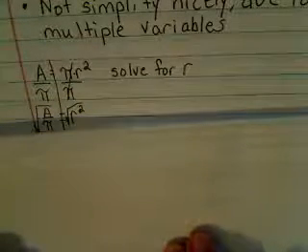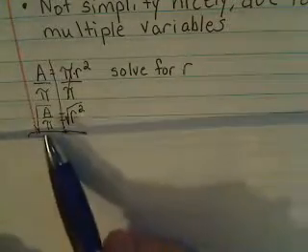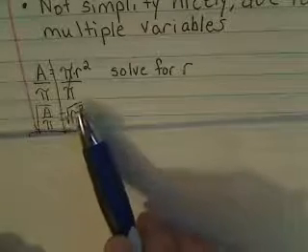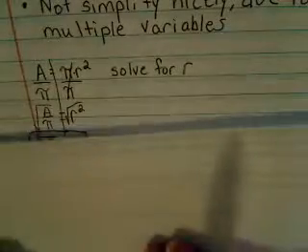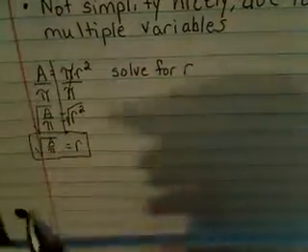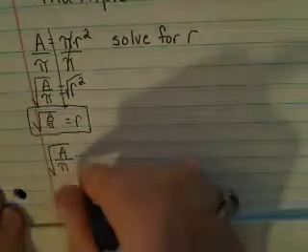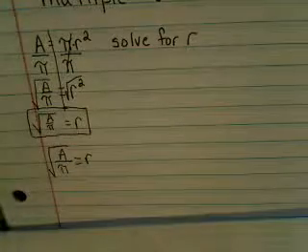Then we just have r squared equals a over pi. We want to do the inverse of squaring, so we're going to do the square root. If you do the square root of this side, you have to do the square root of that side. And that gives your final answer as, let me write it down here a little bigger, the square root of a over pi equals r.